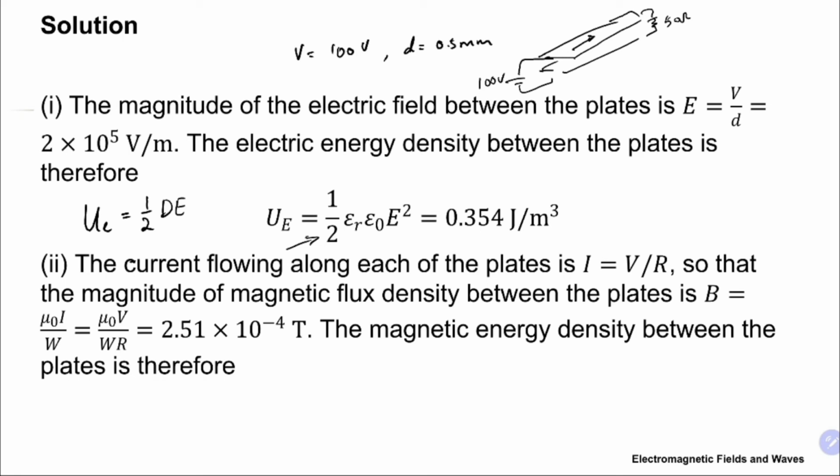And the magnetic energy density, which is B squared over 2 mu naught, gives you 0.0251 joules per meter cube.